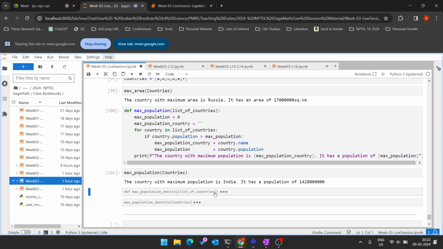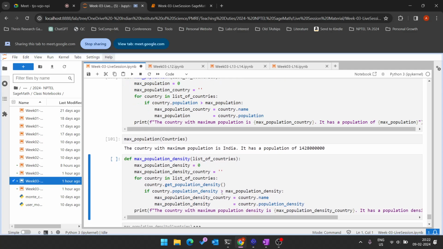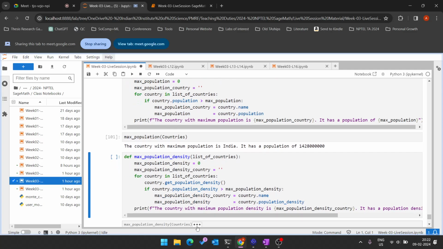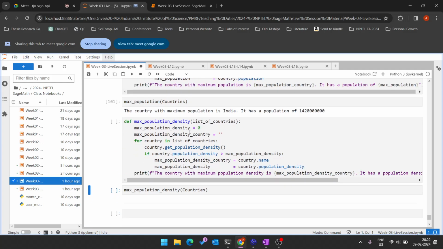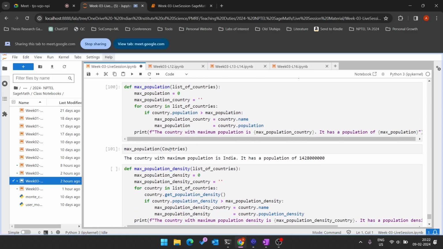The third thing is we also wish to obtain the country with maximum population density. How do we do that? We again have our different countries, but now we are invoking the method country.get_population_density.